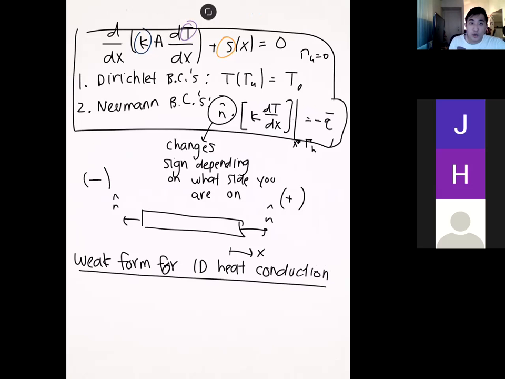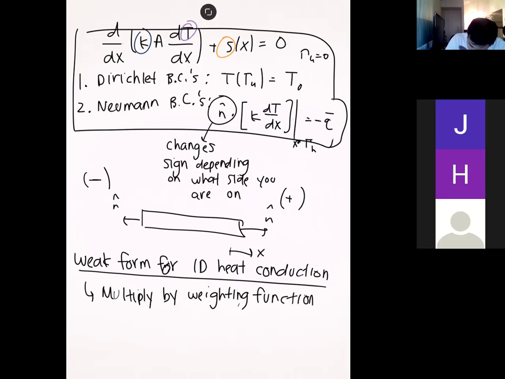We're going to multiply by a weighting function and then integrate over the domain. And then after we integrate, we'll be able to do integration by parts to balance the derivatives. Okay.